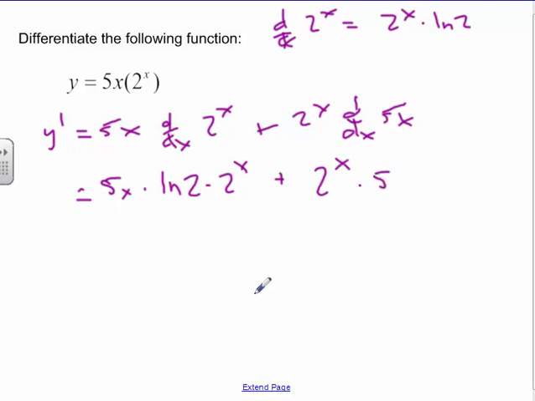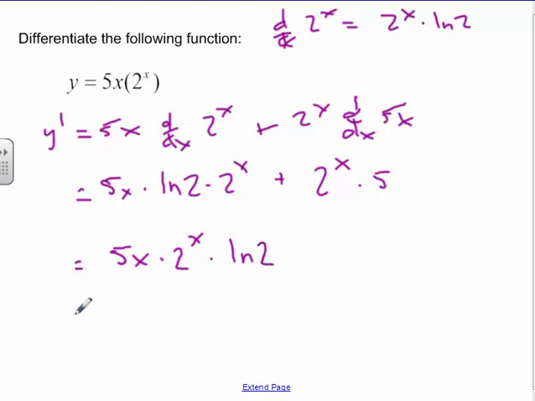Now on this one here, I'm going to want to clean this up a little bit just so that it looks nicer. I actually put those in a different order already. Why don't I put my 5x, then times by 2 to the x, and then times by ln 2. That seems to make a lot of sense.